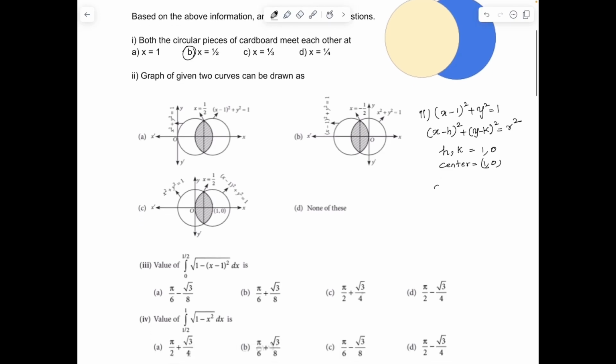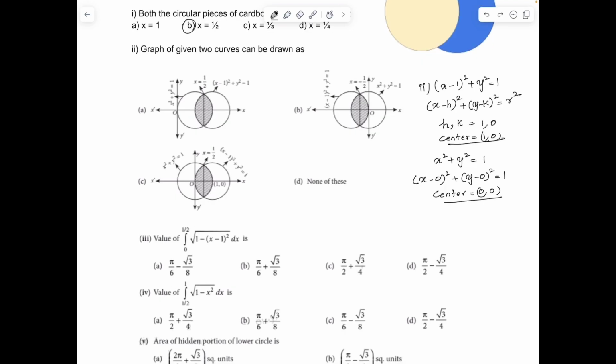The second equation is x square plus y square is equal to 1. Rewriting this equation also in the standard form, (x minus 0) the whole square plus (y minus 0) the whole square is equal to 1, which means the center is (0, 0).